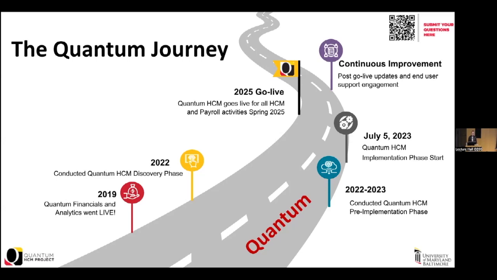We started in 2022 with conducting a discovery phase, which was followed up by a pre-implementation phase, and then we started the actual implementation in July of last year. As you can see, all the markers on this road towards quantum are showing you the journey that we've covered so far. Our go live is at this point around spring of 2025.